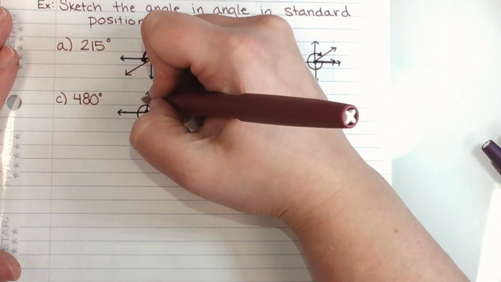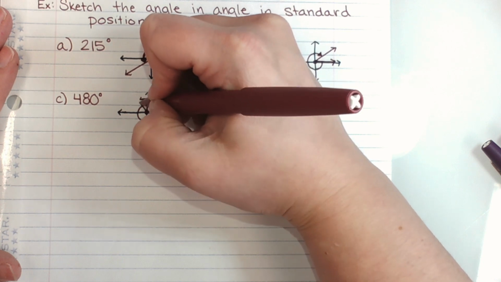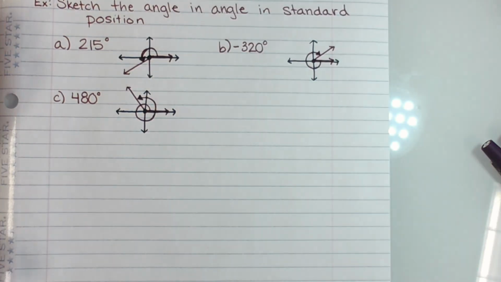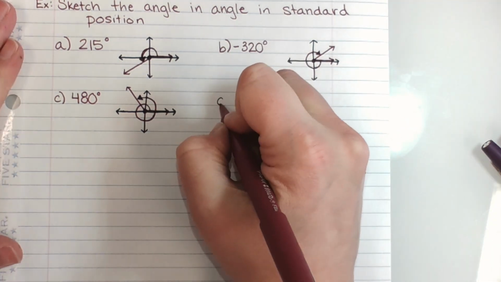So a little bit further, but not that much. Finish off my arrow to make sure it's clear what direction I went, and there we go. One more in degrees, and then let's talk radians.